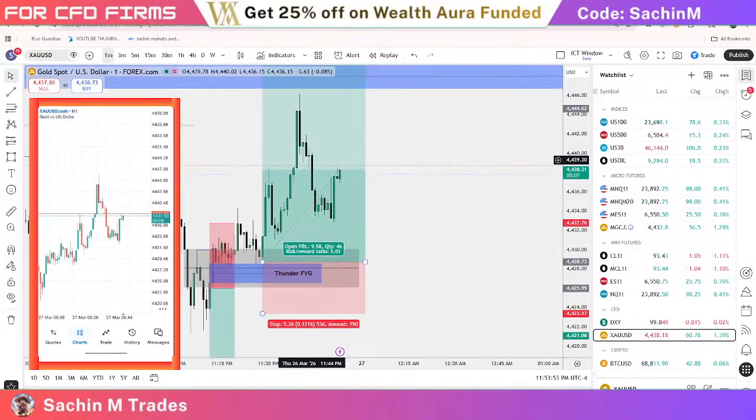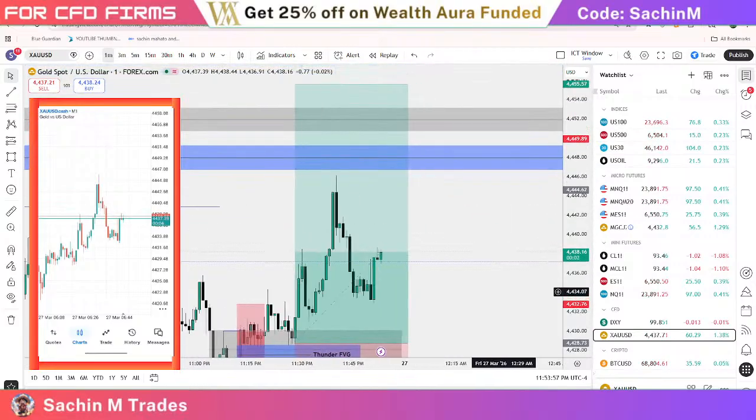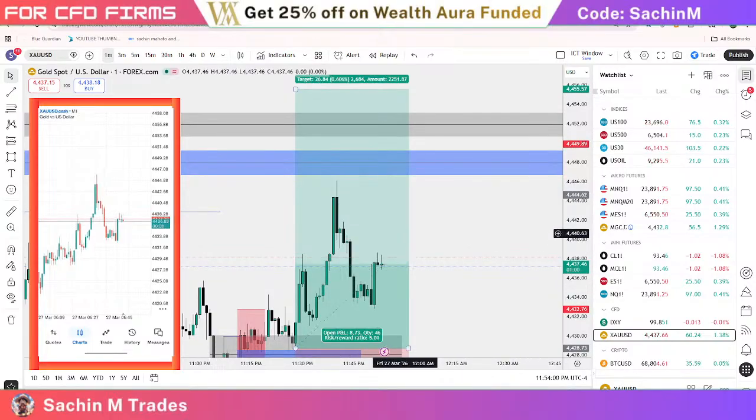We want this fair value gap to be broken away. Only then we can go up towards our target.